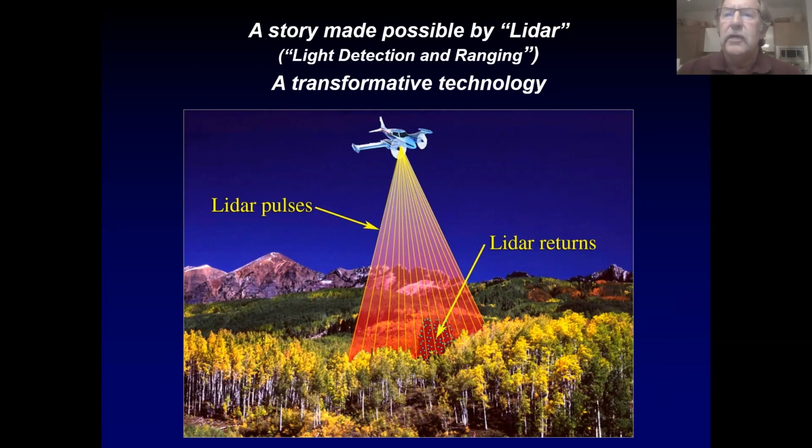Individual light waves will reflect back on everything they encounter: vegetation, structures, the bare earth. And it's the bare earth that we really are interested in. There are computer software programs that allow you to strip off everything but the waves reflected off the bare earth itself.